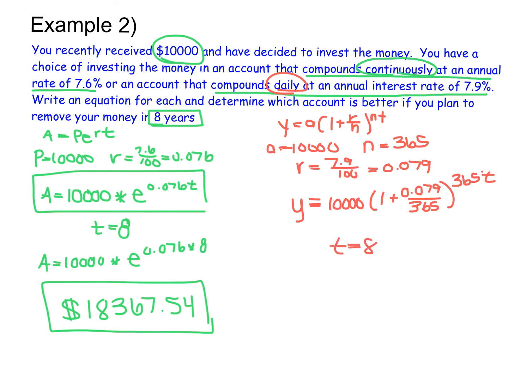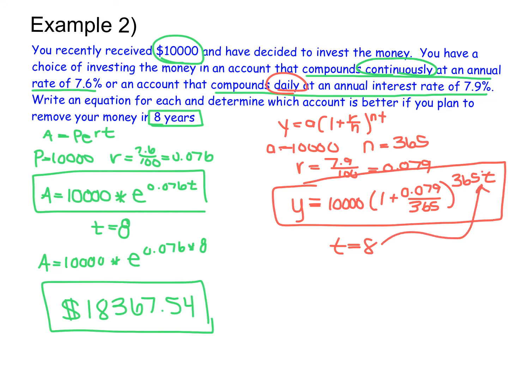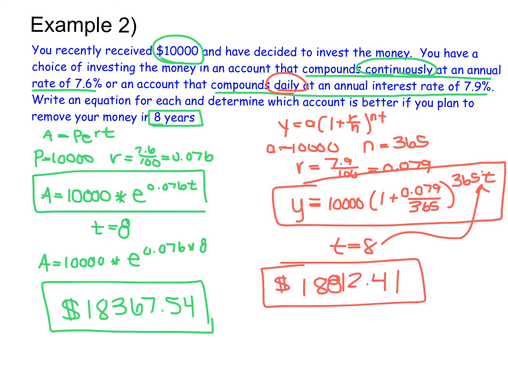So we're going to do 365 times 8. So we used our equation, we put 8 in for t here, we substitute it into our equation, and we find that after 8 years, we have a total of $18,812.41.